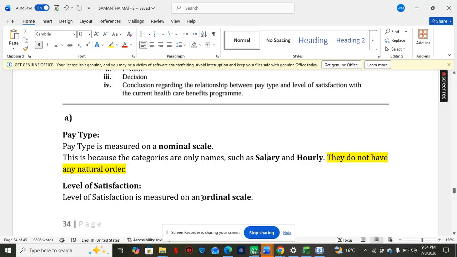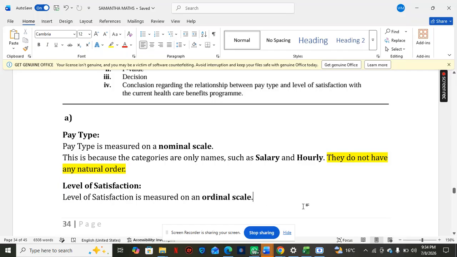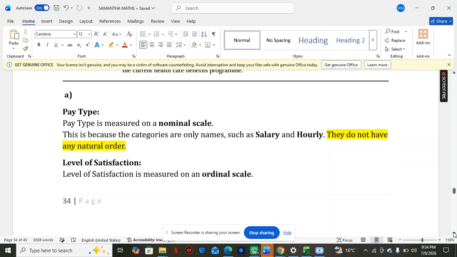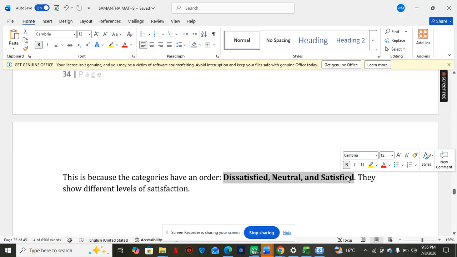The level of satisfaction is an ordinal scale. With an ordinal scale, things can be ranked. Remember, with level of satisfaction, there's dissatisfied, neutral, and satisfied. So you know that dissatisfied is the lowest, neutral is in the middle, then satisfied is the highest. So with an ordinal scale, there is a ranking for the variables.